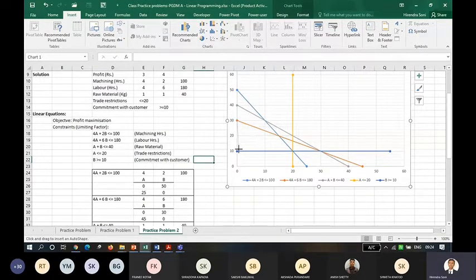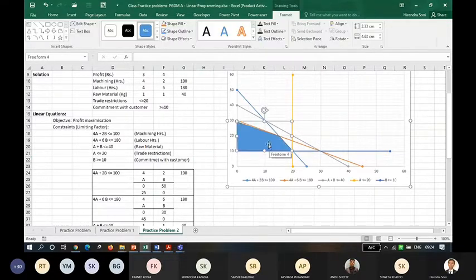Are we able to understand now? How am I identifying the region? Yes, sir. So now this becomes my common region, correct?